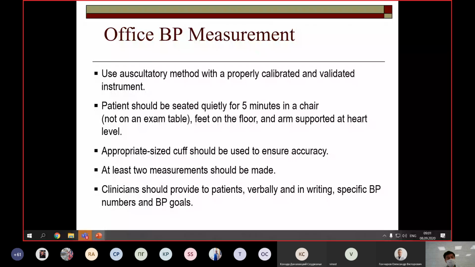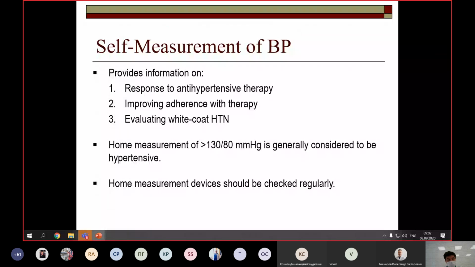Self-measurement of BP can provide incredibly important information on the response to antihypertensive therapy, improving antihypertensive therapy, and identifying white coat hypertension. Generally, home measurements of 130 for systolic and 80 for diastolic millimeters of mercury or higher are considered hypertensive, in contrast to the office cutoff point, which is higher: 140 and 90 millimeters.